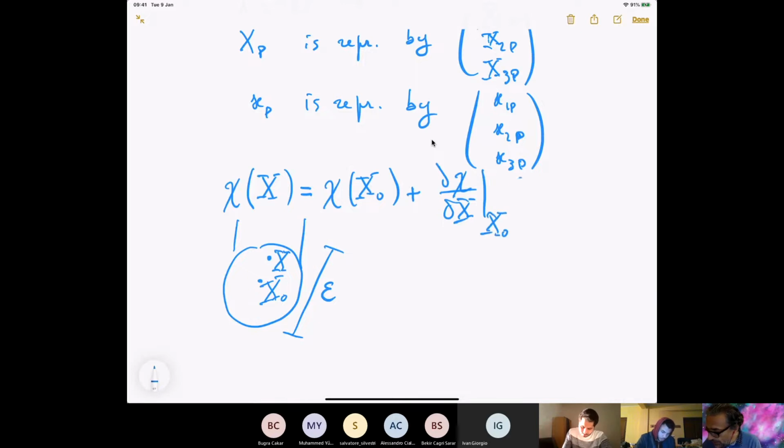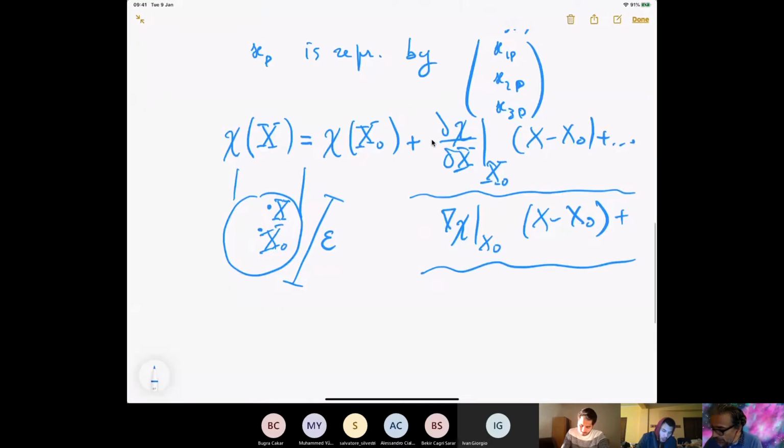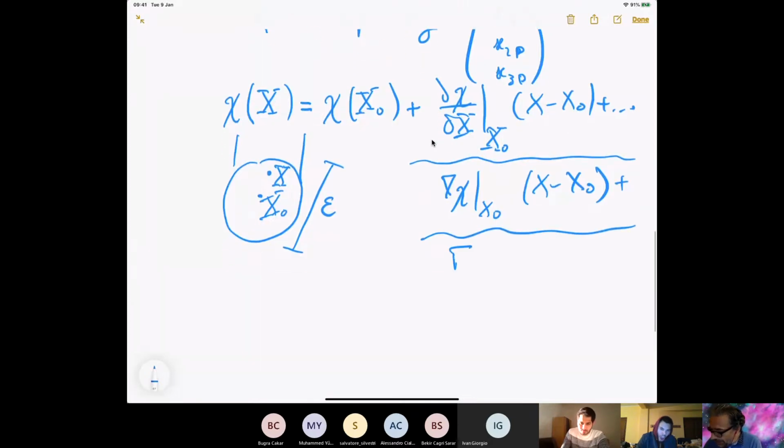This is one possible notation. An alternative notation which we have used was nabla chi calculated in X0, times X minus X0. Another notation common in continuum mechanics is F of X0, times X minus X0.